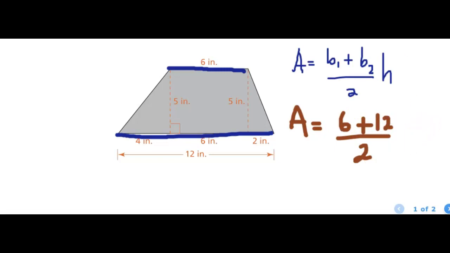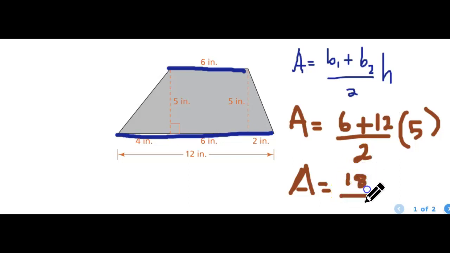Let me erase that one. And then we multiply it by the height. The height is 5. So using your magical calculator, magical tool as I always say, 6 plus 12 is 18, right? Divide by 2, times 5.